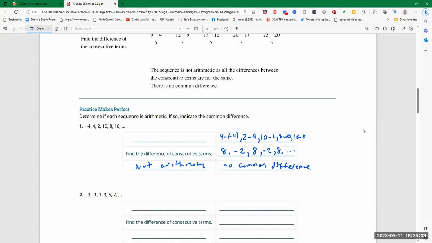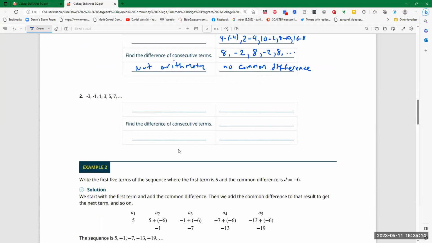Okay, so now let's move on. Negative 3, negative 1, positive 1, positive 3, positive 5, positive 7.